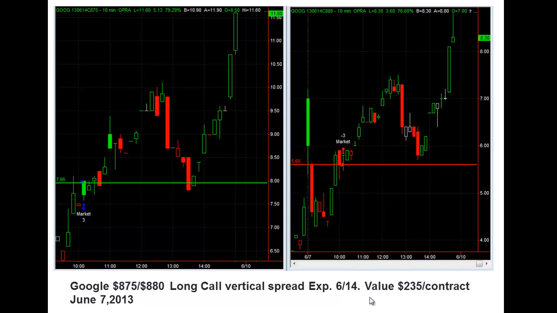So I have this on at $235, and I am looking to see how it maxes out by next Friday. And if it starts stalling out, I'll sell some out of the money calls above the market, probably around the 915 or 920 calls, to collect some premium there to help take advantage of that theta or time value decay.